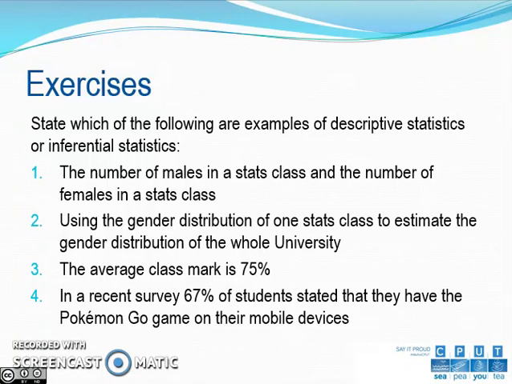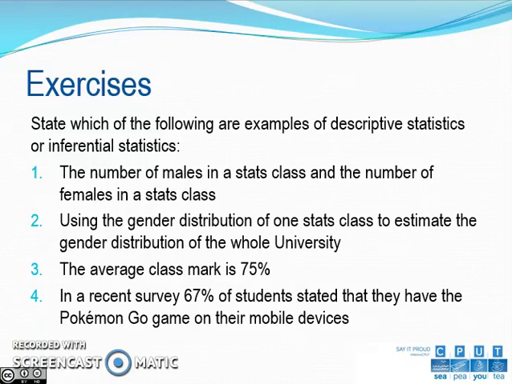Right, number 3 is an interesting one. The average class mark is 75%. So the average would simply be descriptive. What we basically did is we measured and we are reporting. We are not making an inference or a projection on what is going to happen this year or next year or the year after that.